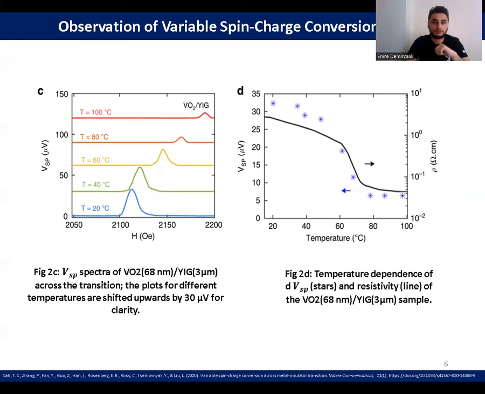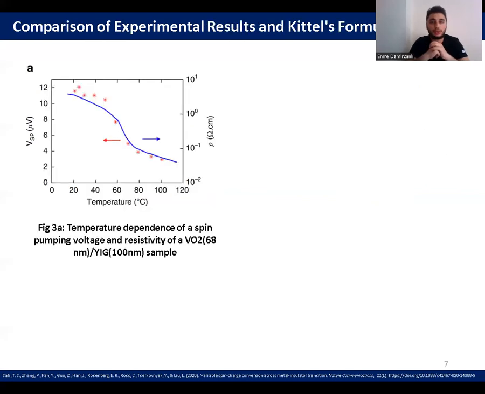So now I want to look at the same sample for different thicknesses, and we can compare the experimental results and Kittel's formula calculation. In figure 3a, we see a behavior similar to the graph I just showed. However, the thickness of the YIG layer in the sample we are considering here is 100 nanometers.